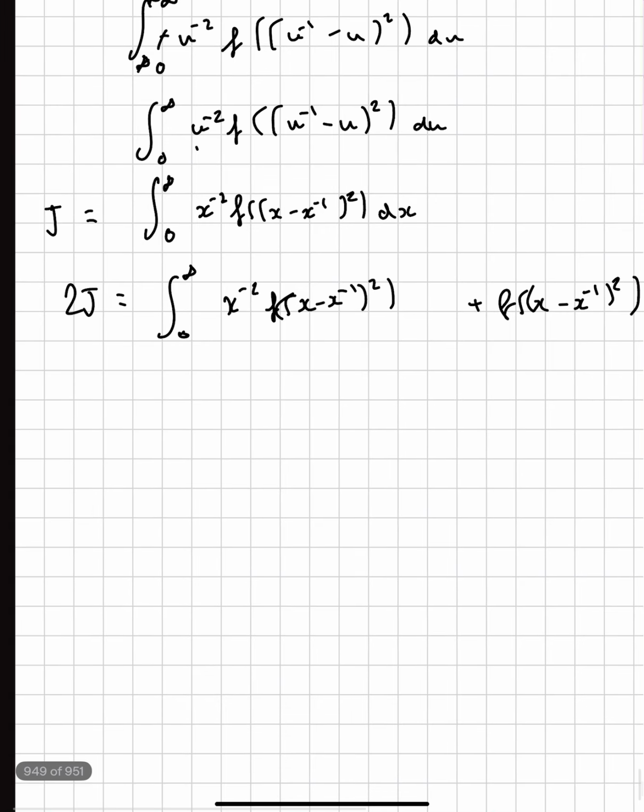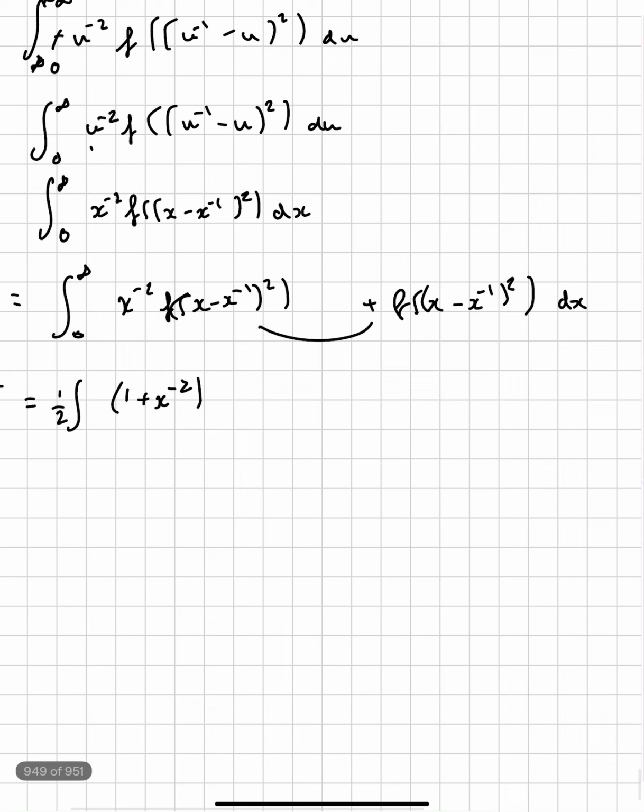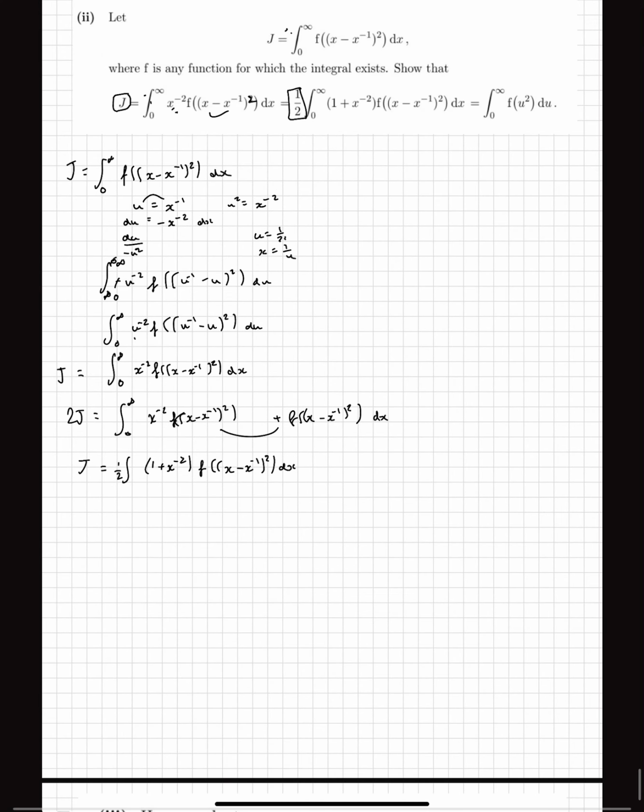Then we can notice this simplifies to 1 plus x to the minus 2, because we have the same function, f of x minus x to the minus 1 squared dx. Now we want this final form.